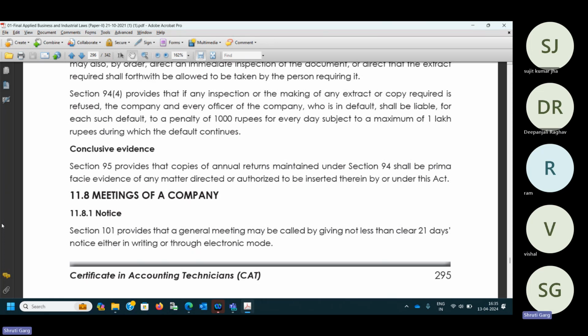Clear? When the court accepts the evidence, this is prima facie, meaning this is the proof that the company has complied with its annual return provisions, and it will be acceptable in the court as prima facie evidence. Okay, clear?